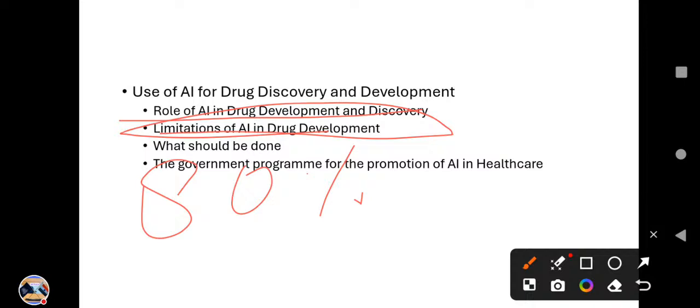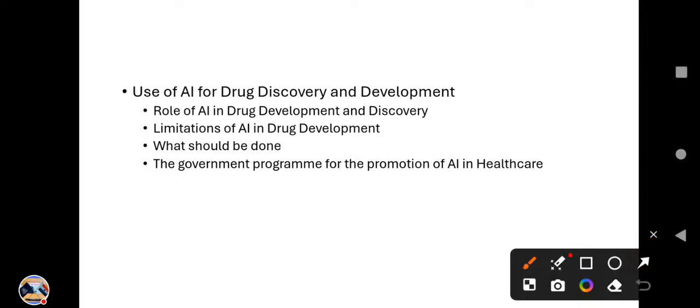Okay, and the next limitation is restricted applications. Artificial intelligence cannot be used to discover everything related to body parts, like it does not affect preclinical and clinical trials. So you should remember this, okay, very important point.